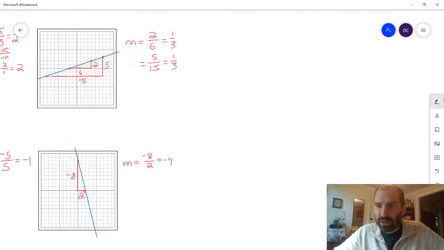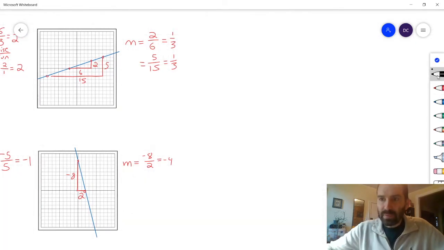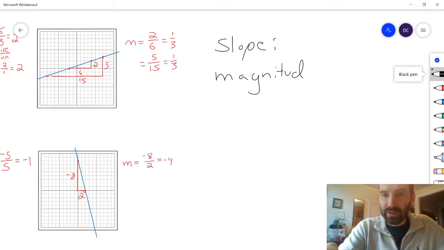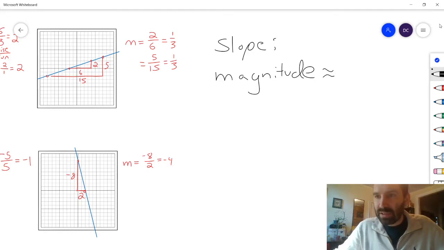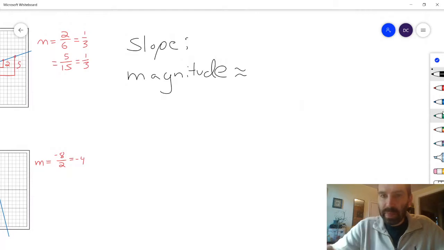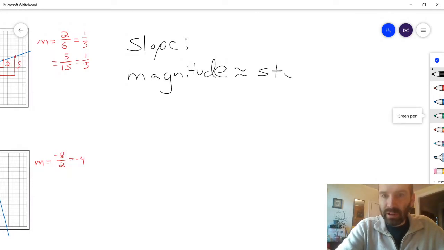Let me write that over here. For the slope, the magnitude, which is what you would get if you measured the absolute value, correlates to the steepness of the line.